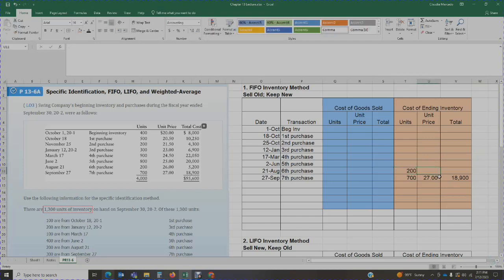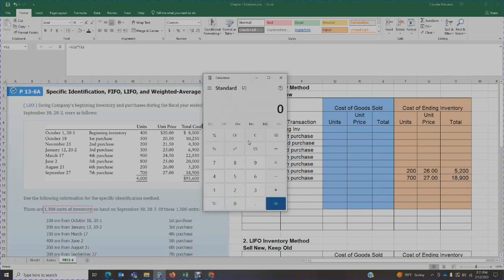So I'm going to keep those 200 units. Remember, we're keeping the newer ones. The newer ones are at the bottom. So I'm going to keep 200 units at $26, and that's going to give me 5,200. Now, my next one is 800. So right now I've got 700 plus 200, I've got 900, and according to the problem, I've got 1,300 left.